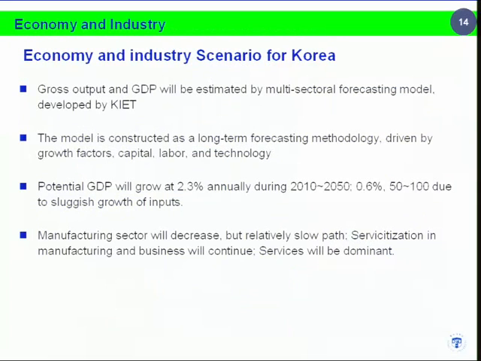Anyway, according to the economic and industrial drivers forecast, over the last 10 years Korea's average economic growth rate in real terms is 5% a year, something like that. But over the next 50 years, it's going to be 2 point something percent, like 2.3 or 2.4. So it's decreasing.